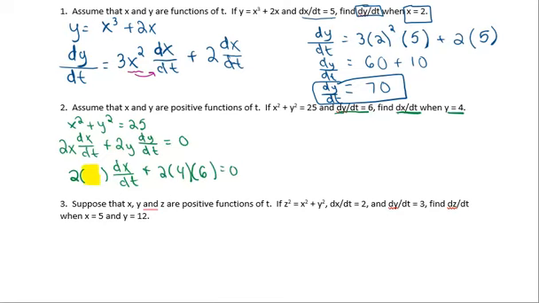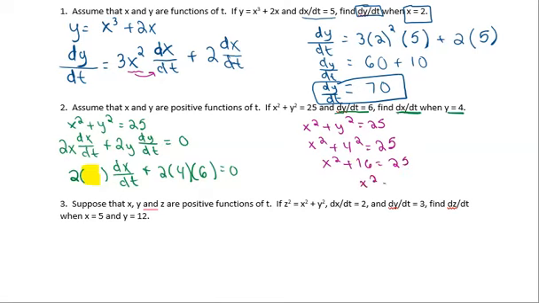Well, fortunately, we have an equation. We know that x squared plus y squared equals 25. And we were told that y is 4. So x squared plus 4 squared equals 25. And we can use this to solve down to find our x value. So we get x squared plus 16 equals 25.